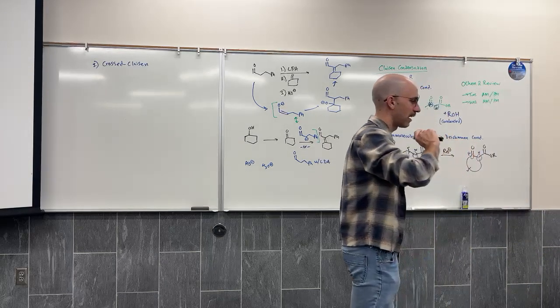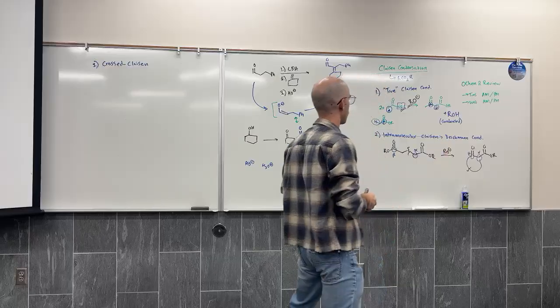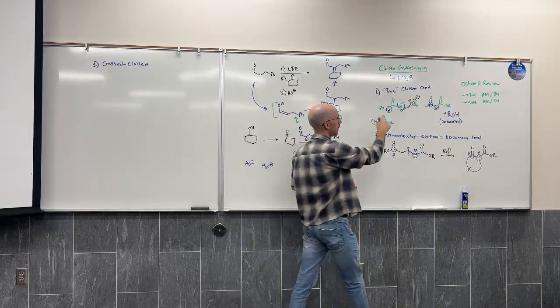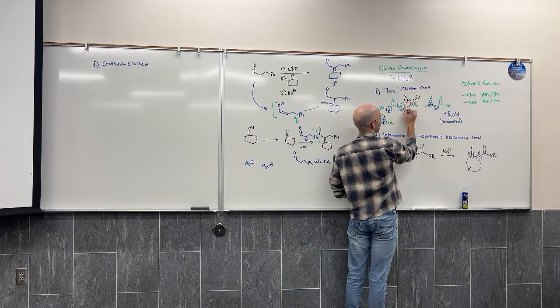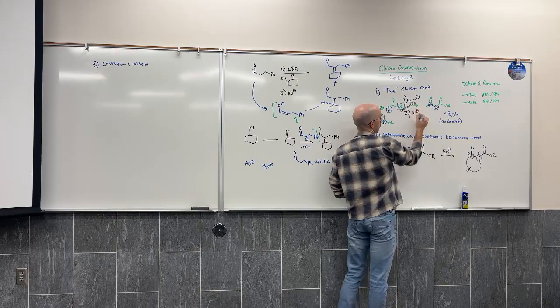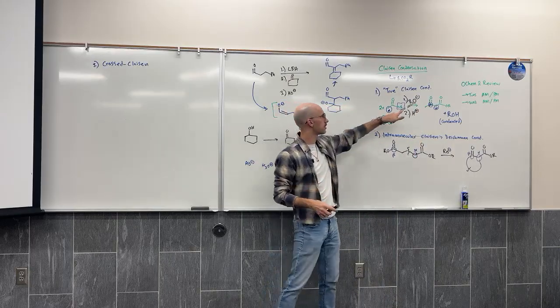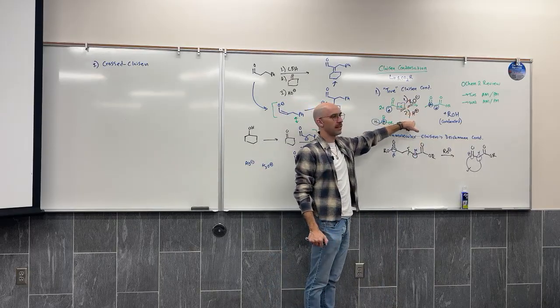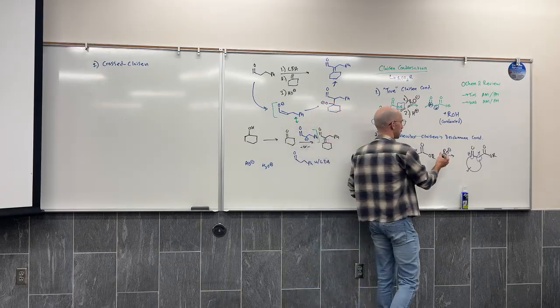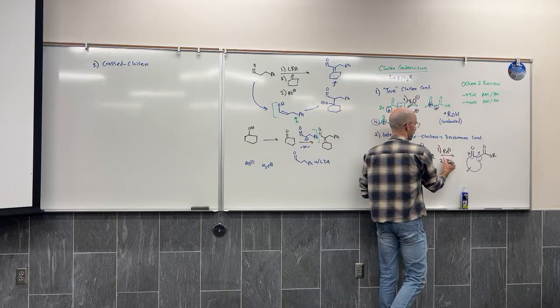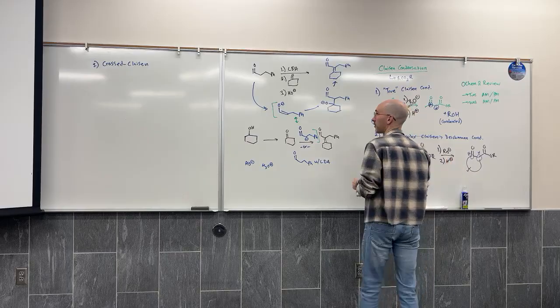Okay, I've made a small oversight I want to clarify. The true Claisen reaction has two steps. First, basic conditions, then acidic workup. The Dieckmann condensation, first basic conditions, then an aqueous workup.